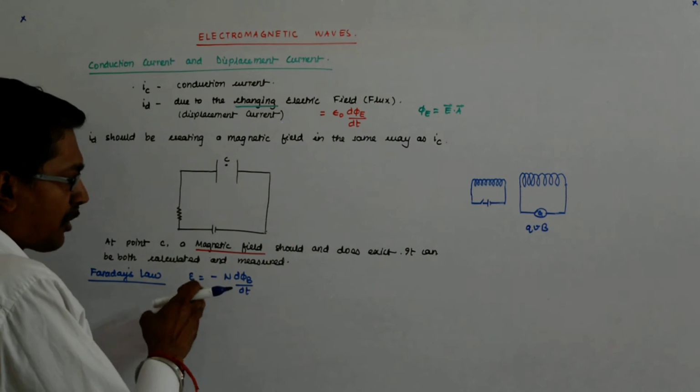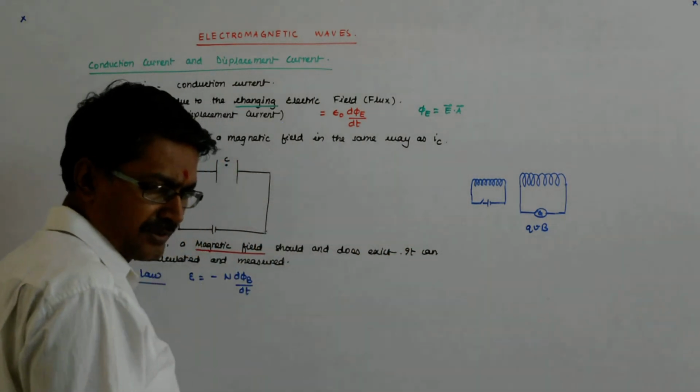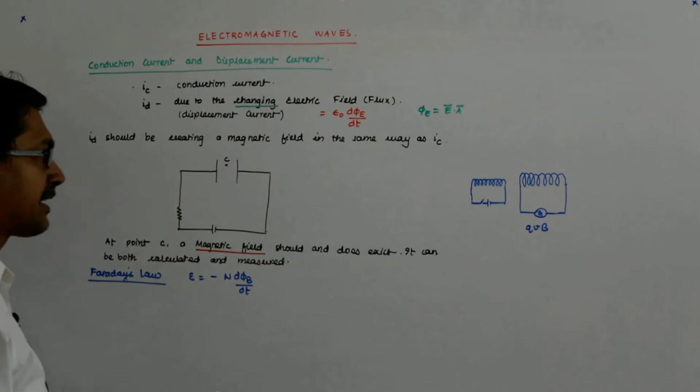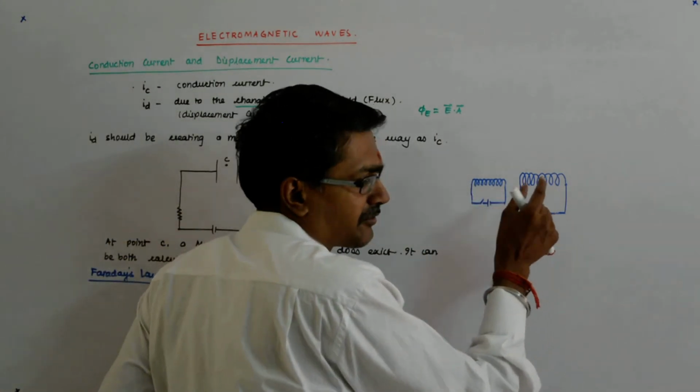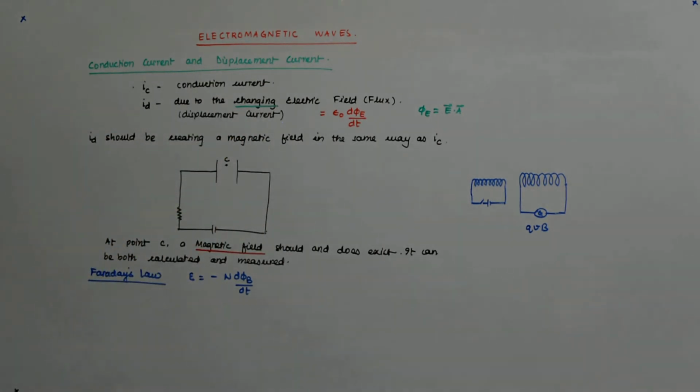So it takes you beyond this. The real import of Faraday's law is very significant, and it says that somehow a changing magnetic field is able to produce an electric field. Okay?